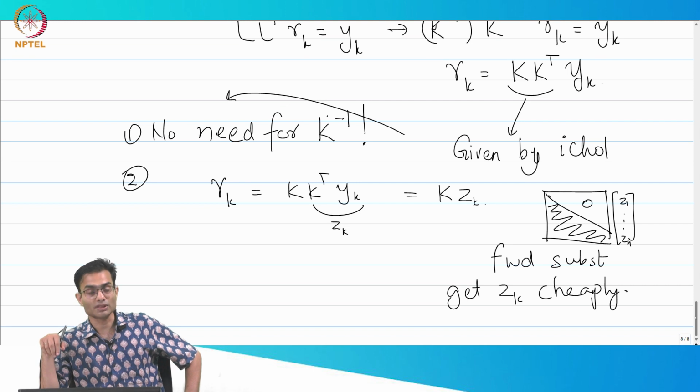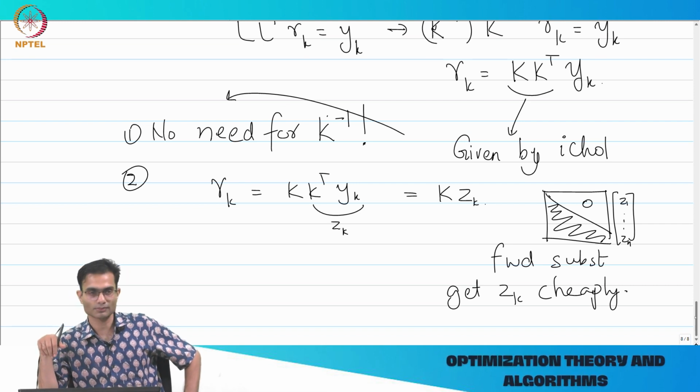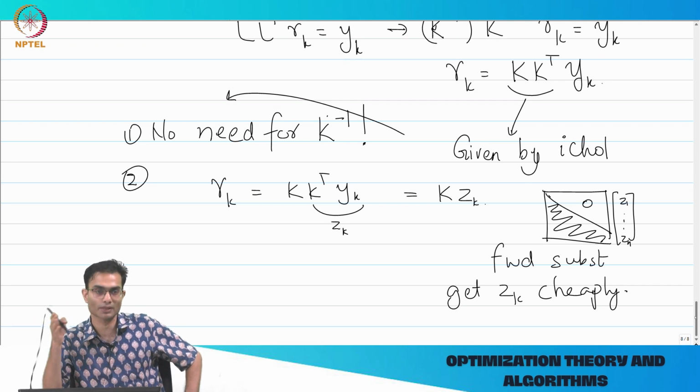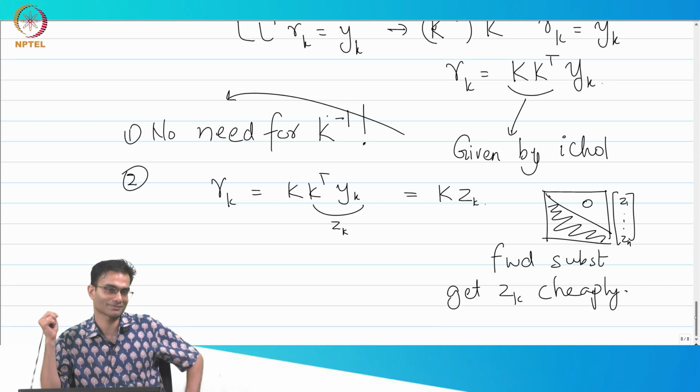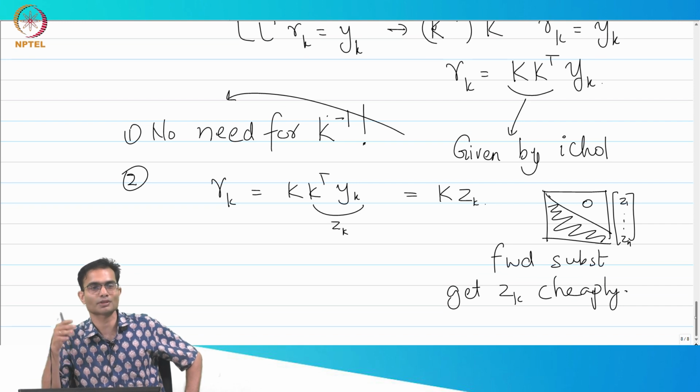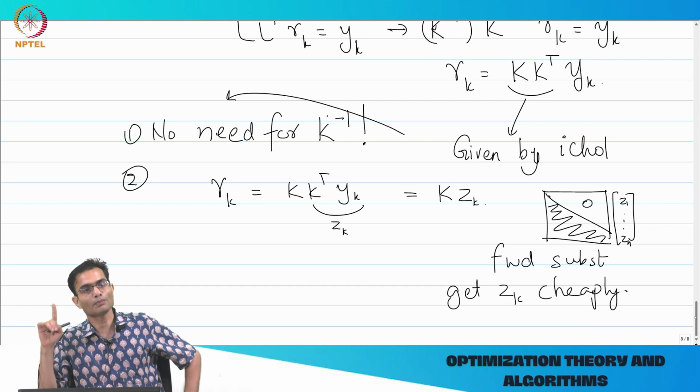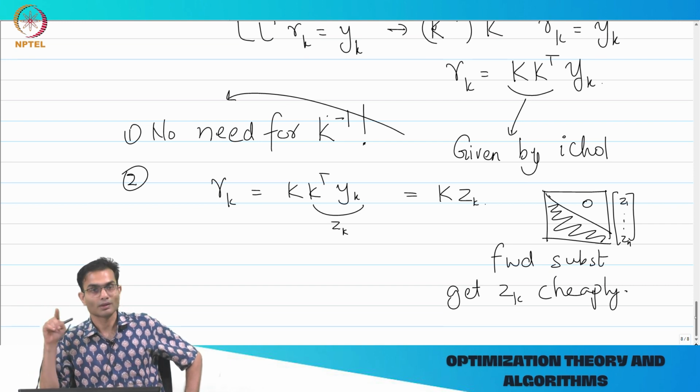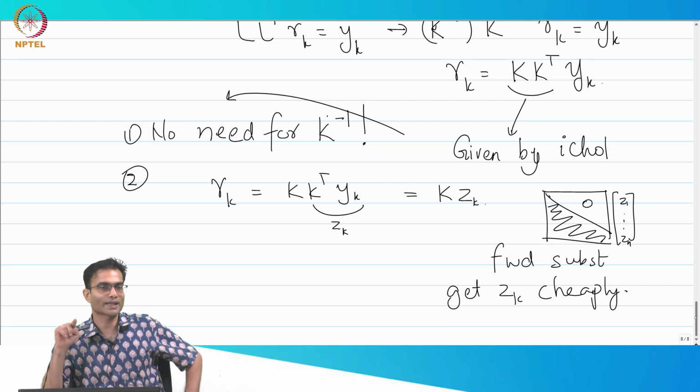This is exactly similar to LU decomposition, but the price of decomposition was n cube. Here I am giving you the decomposition at a cheap price. Having got the decomposition, to get the solution is not n cube. The LU decomposition is n cube, Cholesky decomposition is n cube. Incomplete Cholesky is not n cube, that's the catch, right?